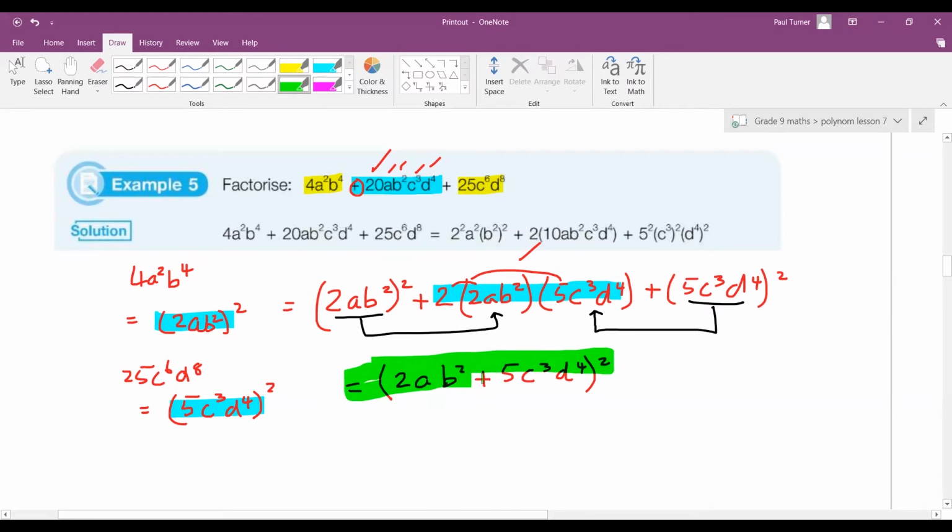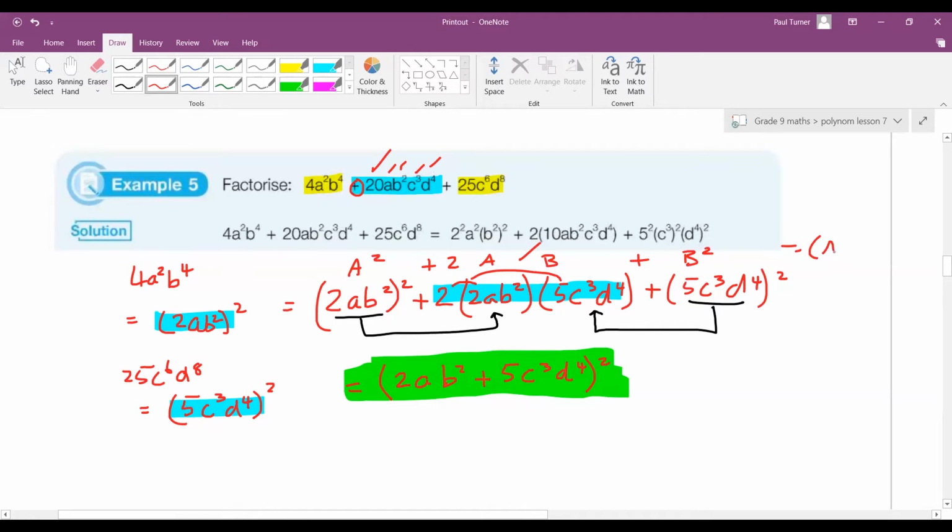I'm just kind of skipping that step. But it follows the rule. So I could write that here. a squared plus 2ab plus b squared is a plus b all squared, like that.